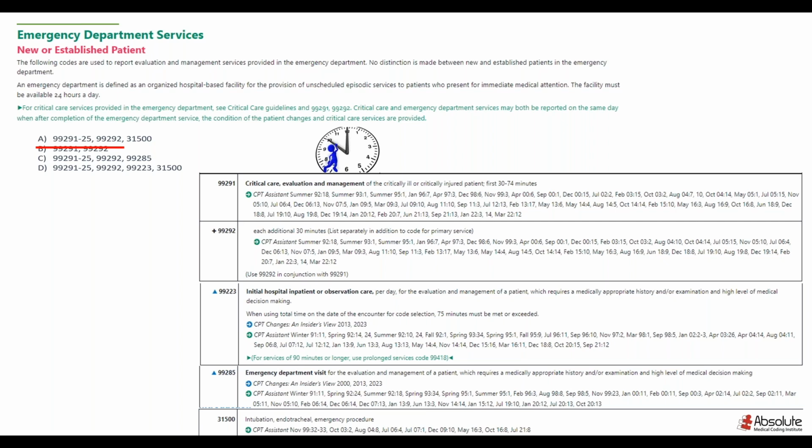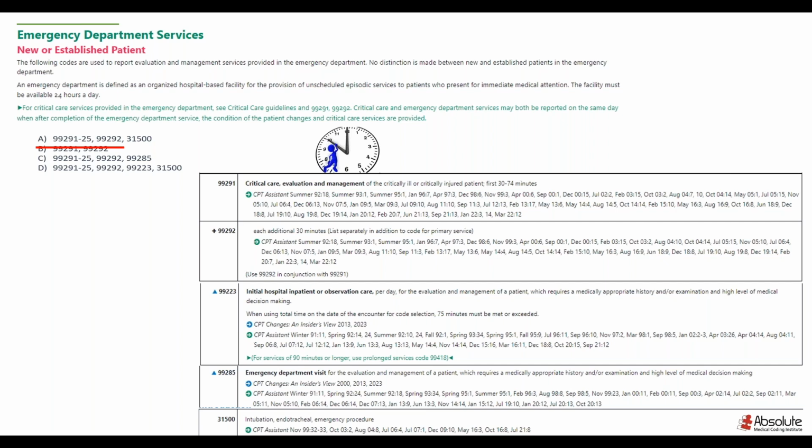He was admitted to the hospital after stabilization. So these guidelines state that we can code the critical care service as well as emergency services when the patient has been reported to the emergency department in a critical condition, and the doctor provides emergency department services, and then the patient stabilizes, and later his condition worsens and the doctor has to give the critical services after that.